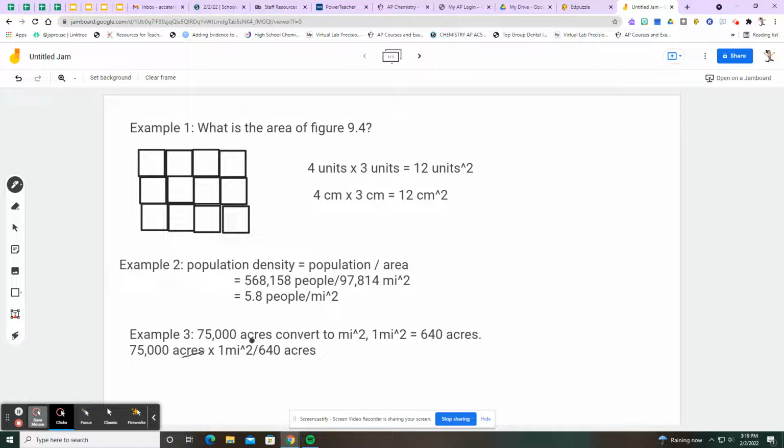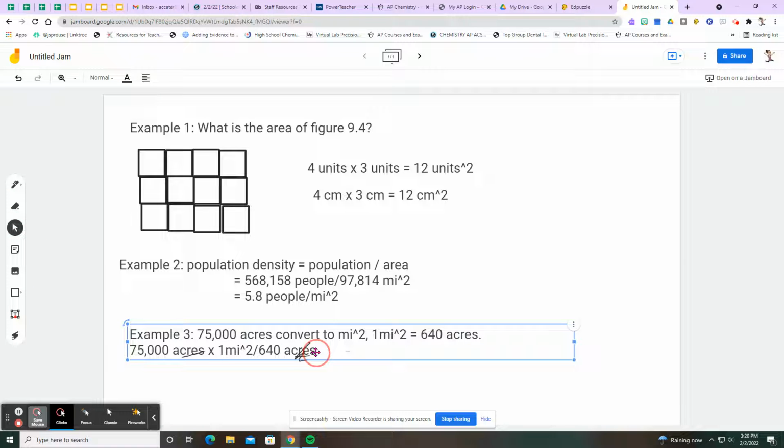So you can see from this that acres is in the numerator here, it's in the denominator here. So that way they cancel out. And if they cancel out, that's going to give me 75,000 divided by 640. And that's going to be miles squared. And the actual number that comes out to be is about 117 miles squared.